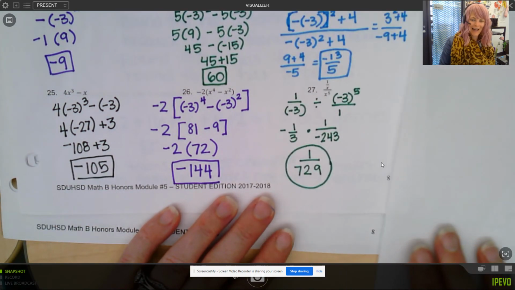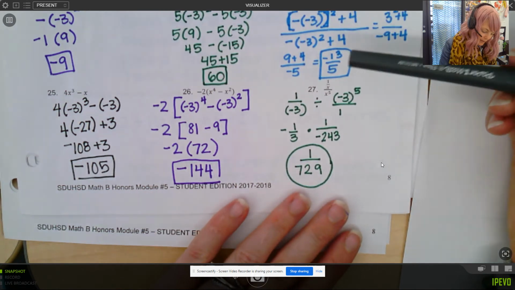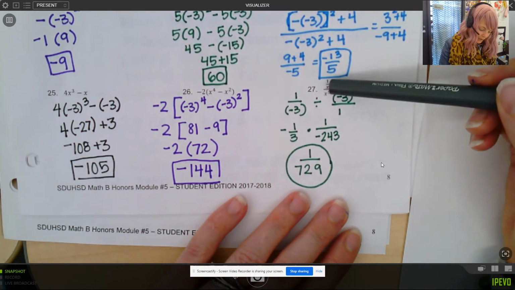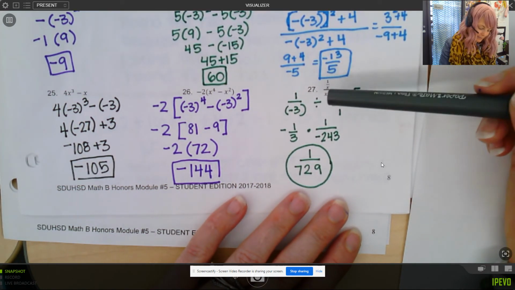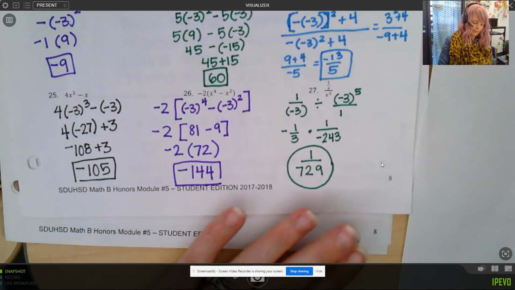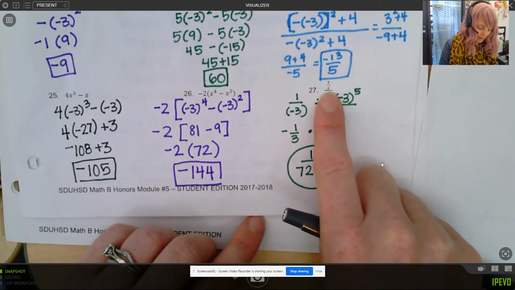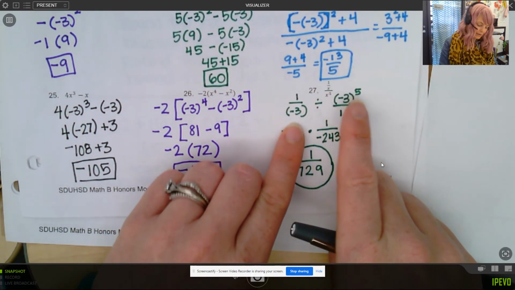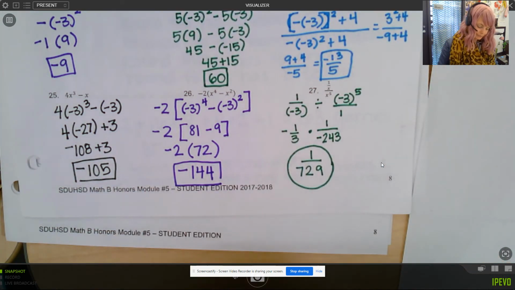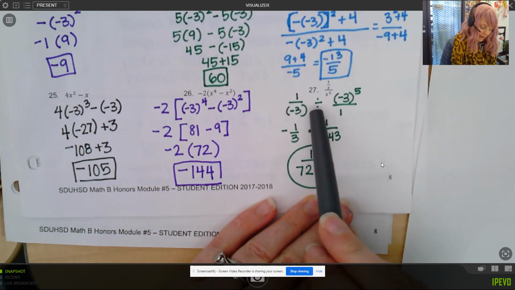Okay, let's take a look at that last one. So this last one, we can think about this as 1 over x divided by x to the fifth. Remember that this big bar, they just mean division. So how do we divide fractions?